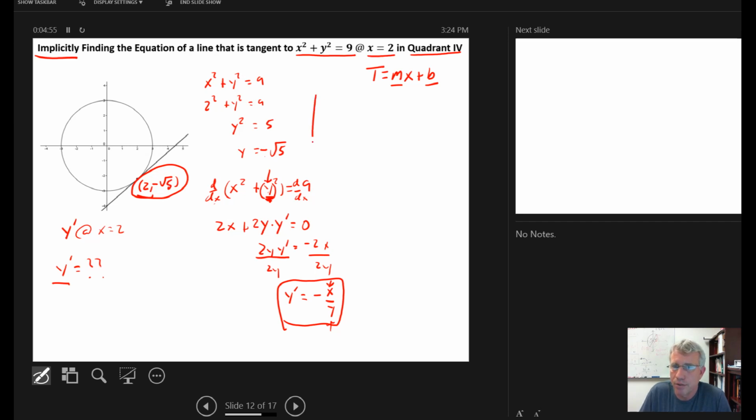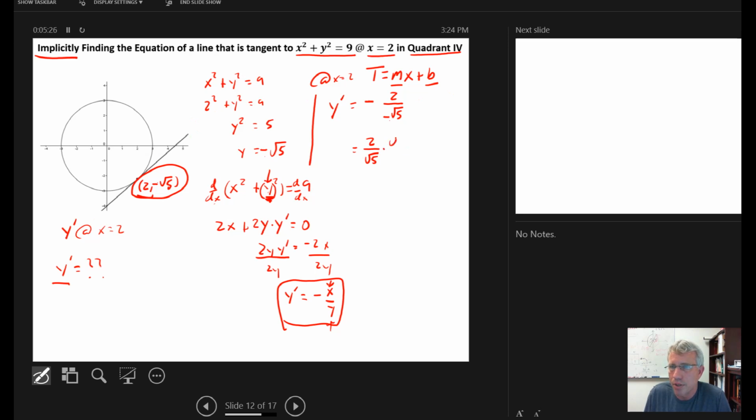So to find y prime at x equals 2 in quadrant 4, we know that y prime equals the opposite of x over y, but x is just equal to 2, and y is just equal to the opposite of the square root of 5, which just equals, we have a negative divided by a negative, is positive 2 over the square root of 5. This is a positive number, which is good because the slope is positive.